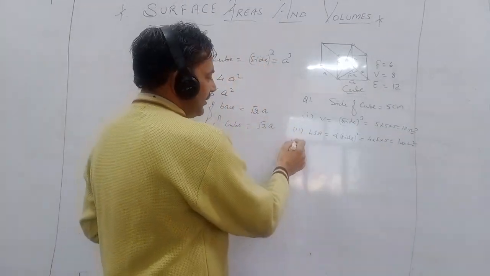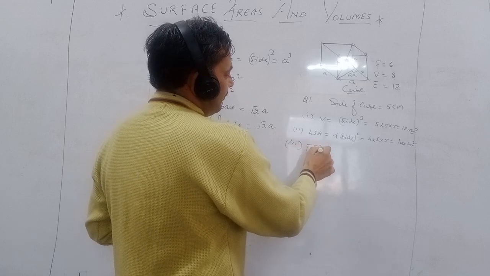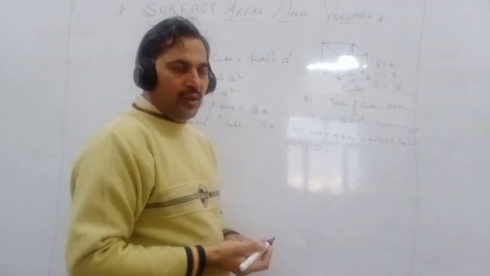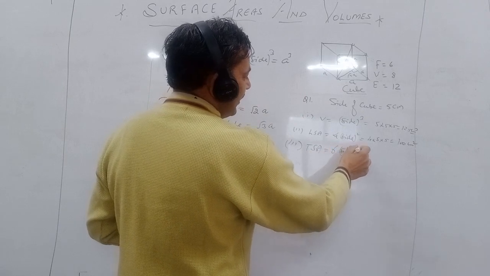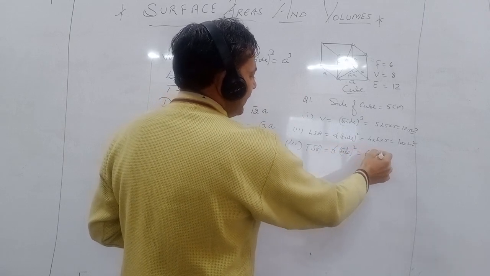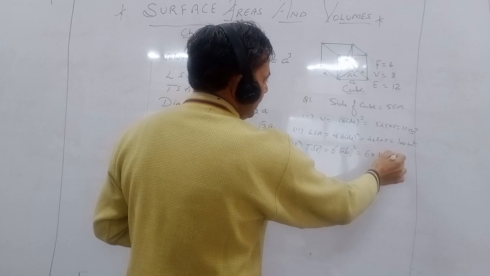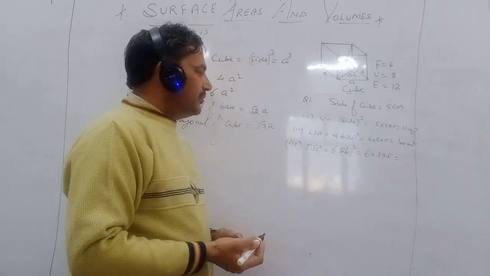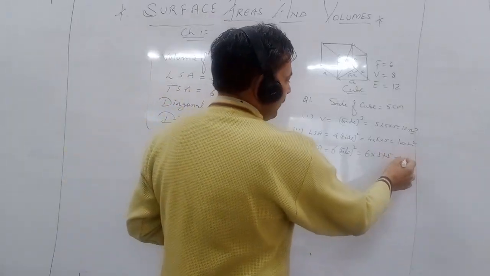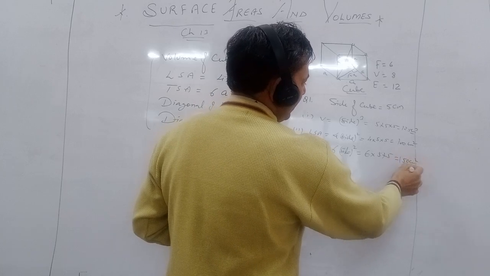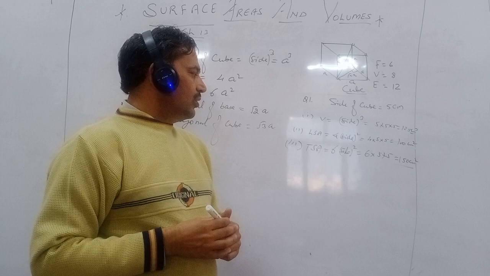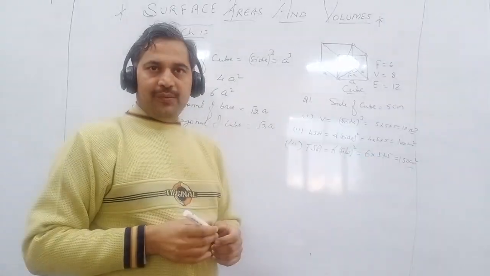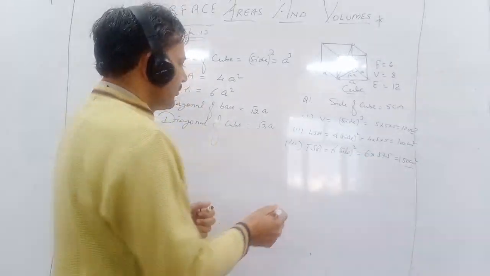Now third point, total surface area of the cube. Formula 6 into side square. Now 6 into 5 into 5, 150 centimeters square. I think it is clear to everyone? Yes or no? 6 fives are 30, 150 centimeters square.